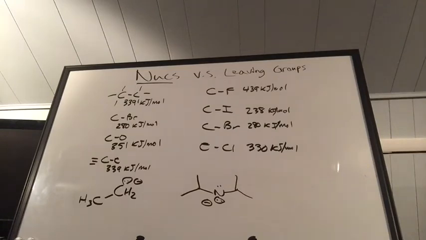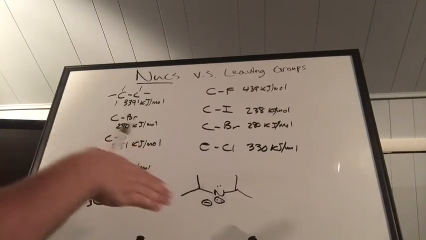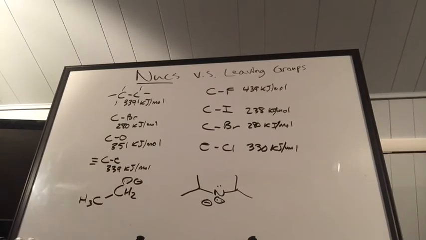So you can think of things that are really bulky bases as just being that, as a base. A nucleophile needs to have room to kind of sneak in for attack, right? If it's going to attack some kind of substrate or a good electrophile, it needs to be sort of a little bit more nimble, right?